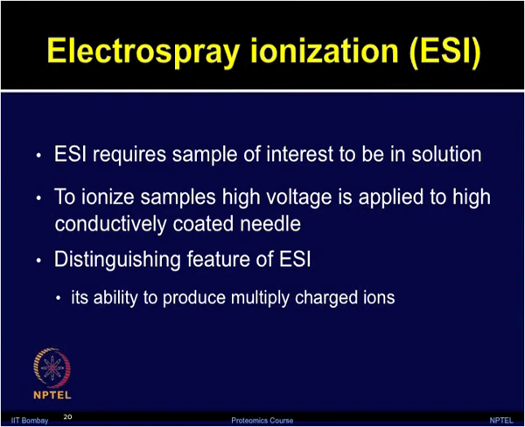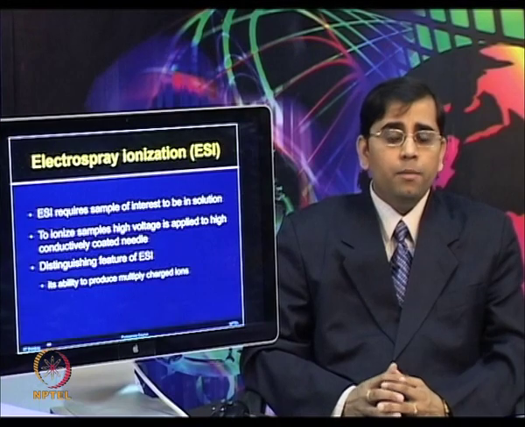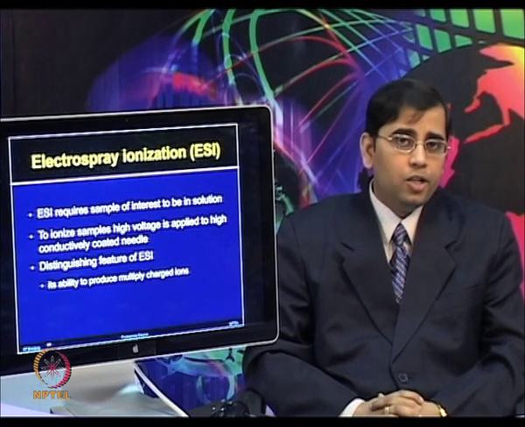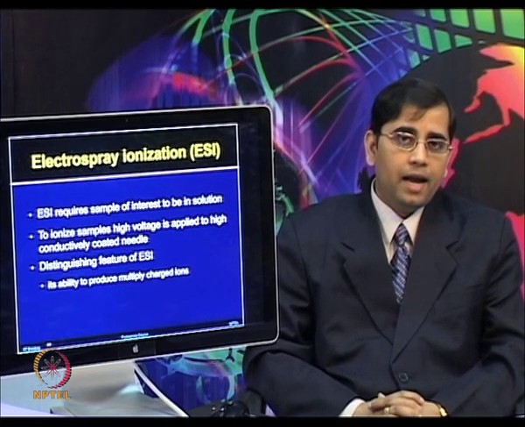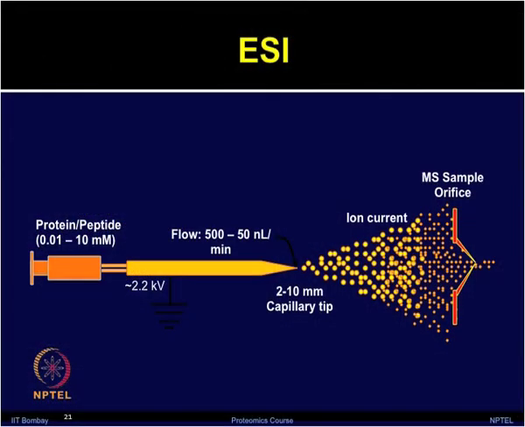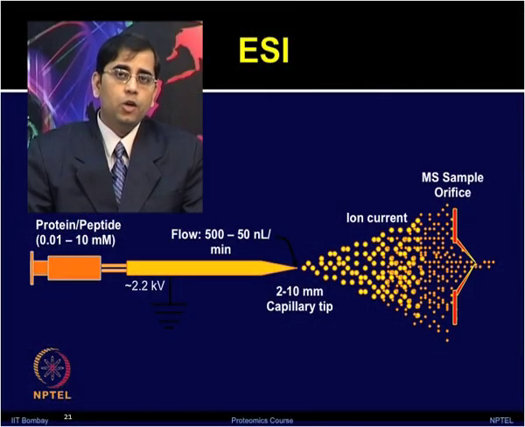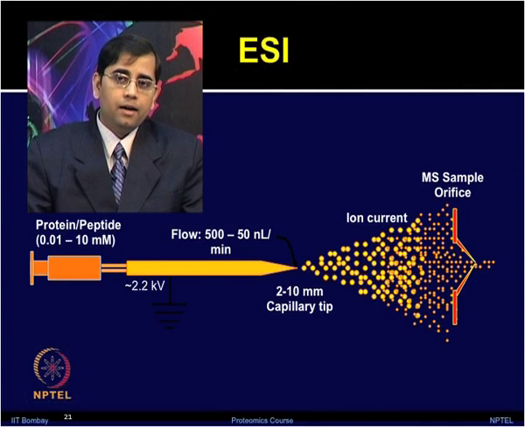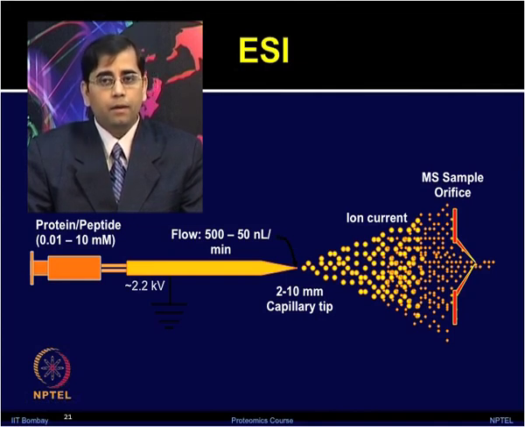The distinguishing features of electrospray ionization include its ability to produce multiply charged ions. The number of charges that can be accepted by a particular molecule depends on its basicity and its size. Now, here you can get an overview of the process involved in electrospray ionization. Small droplets of solution containing the peptide analyte are generated by the Taylor cone.